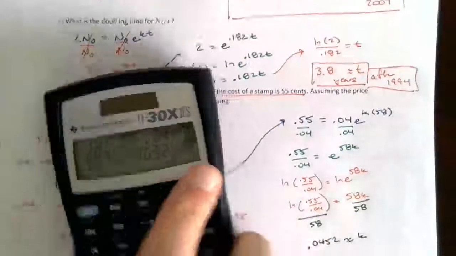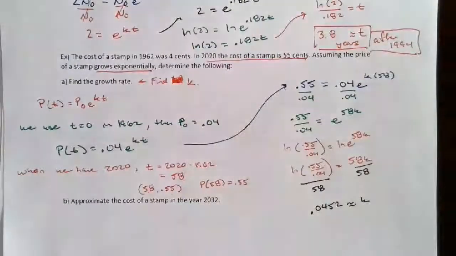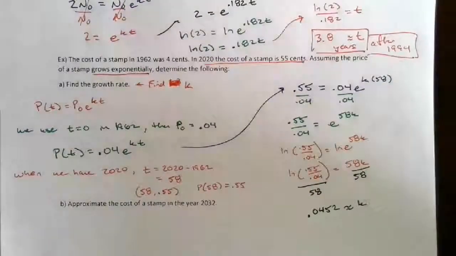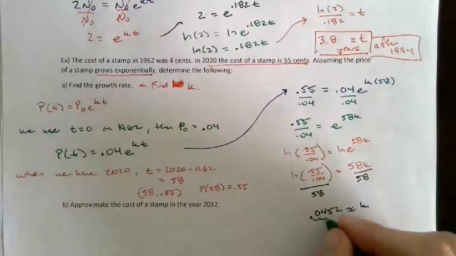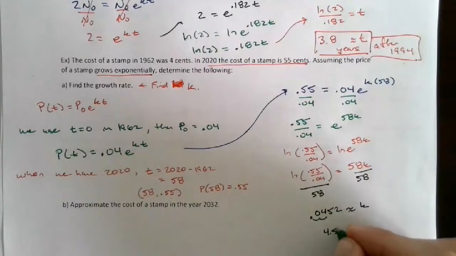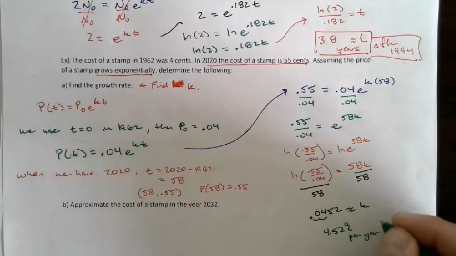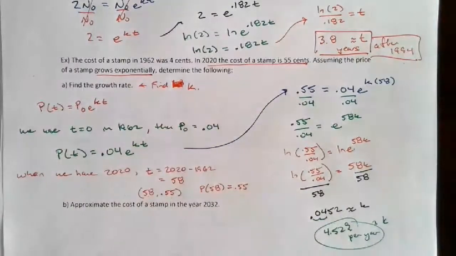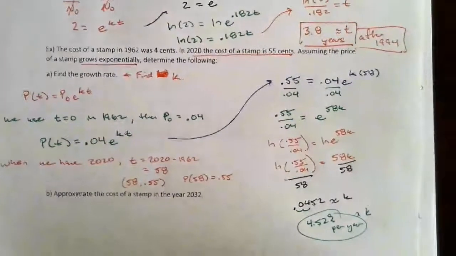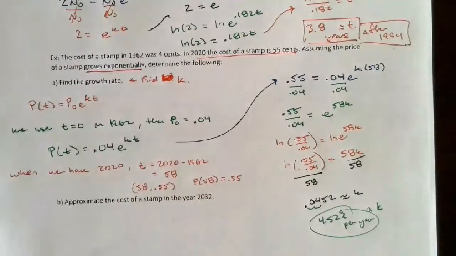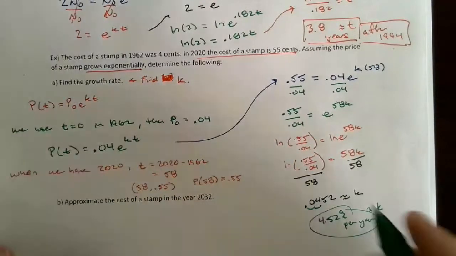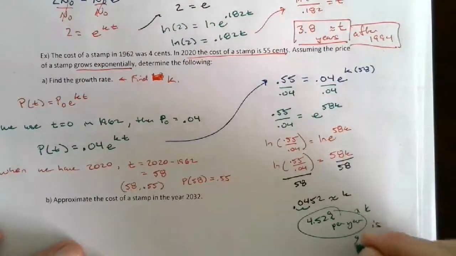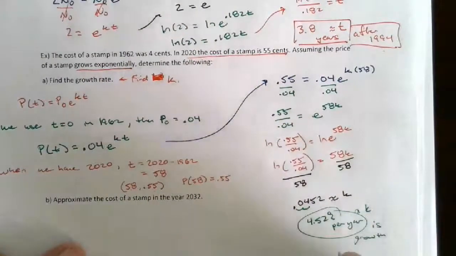Now, what was k? k was the growth rate. We typically will talk about this as a percent. So if I wanted this as a percent, remember, multiply by 100 moves the decimal two places over. So 4.52% per year is the growth rate in the price of a stamp.